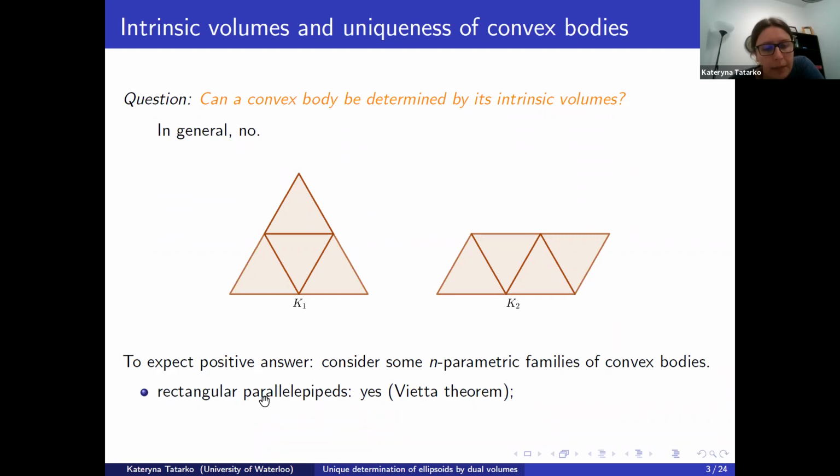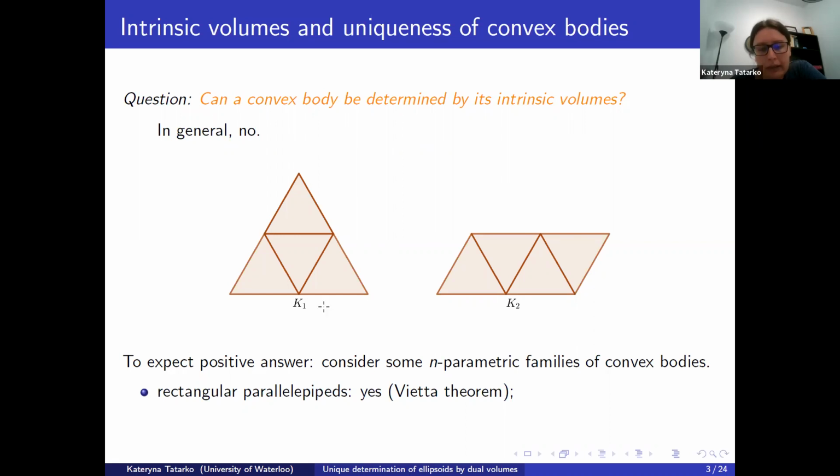The supporting example in this direction is rectangular parallelepipeds. Rectangular parallelepipeds are defined by their side lengths, so they're defined by n parameters. If we compute intrinsic volumes of rectangular parallelepipeds, then each intrinsic volume is just an elementary symmetric function of the side lengths.